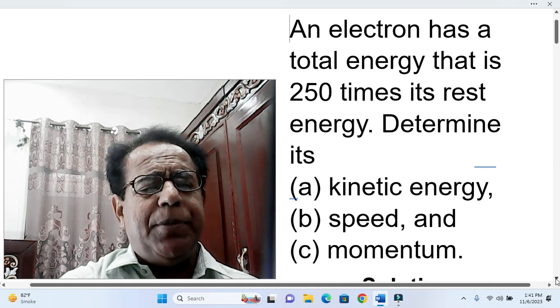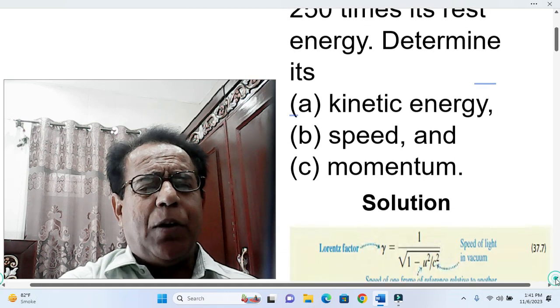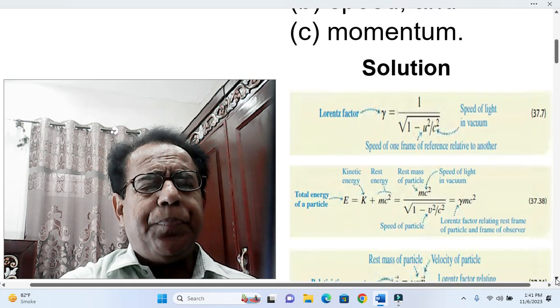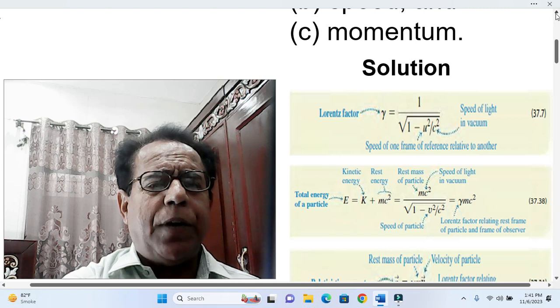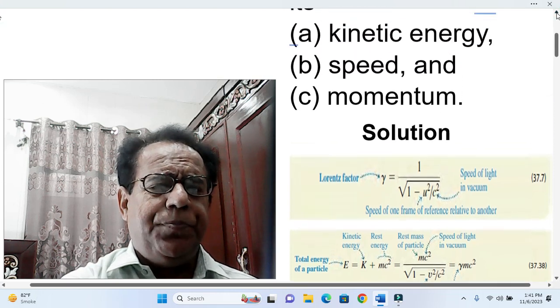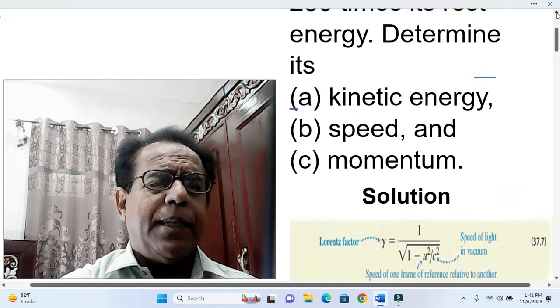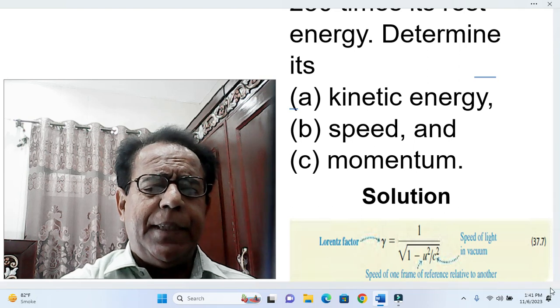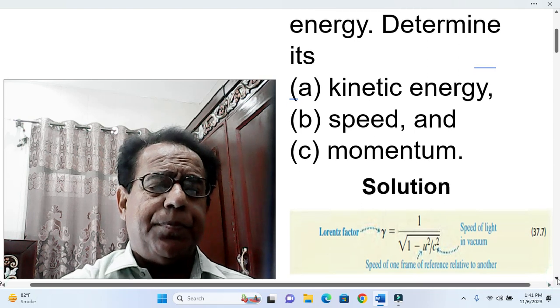Similarly, momentum is related. Similarly, speed can be found from the Lorentz factor. We have to find out these three things: kinetic energy, speed and momentum.